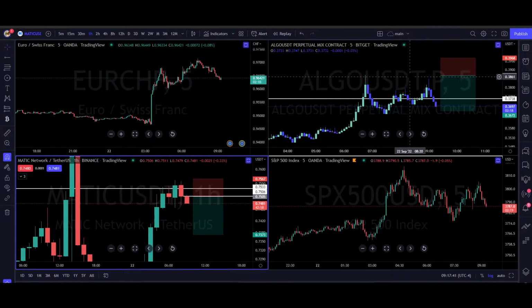Algo, we could have taken the risk if it made a fresh daily high. Since it didn't, I can't. And it's already almost down to the target, but it didn't provide the entry. That's the problem.